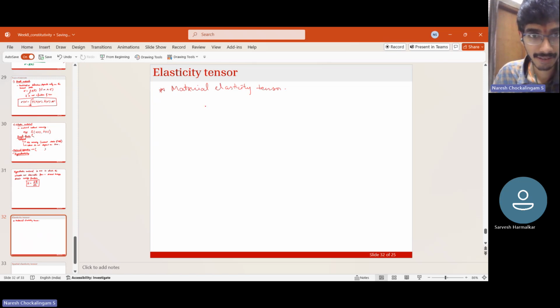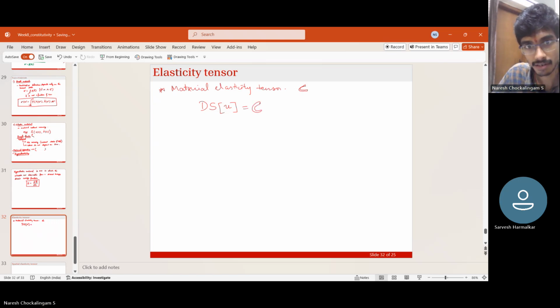It is defined as... so material elasticity is at C, right? Let me use a bold C. It is defined as the relationship between the directional derivative of S in the direction of the deformation, in the direction of displacement, is nothing but C double dot with DEU.